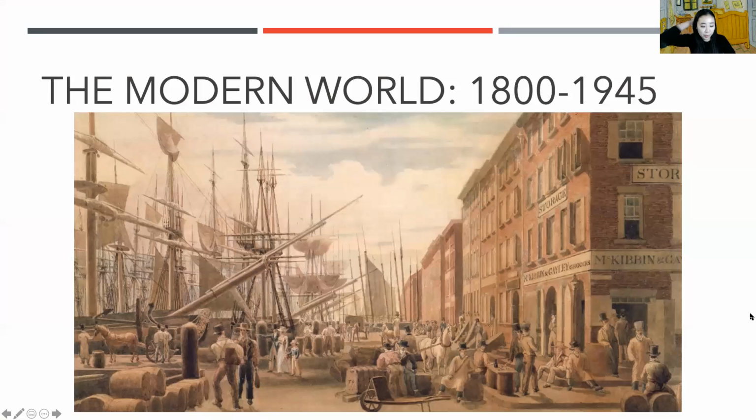So modernity in Europe and North America reflected the emergence of a new kind of society in the wake of the French, American, and industrial revolutions.